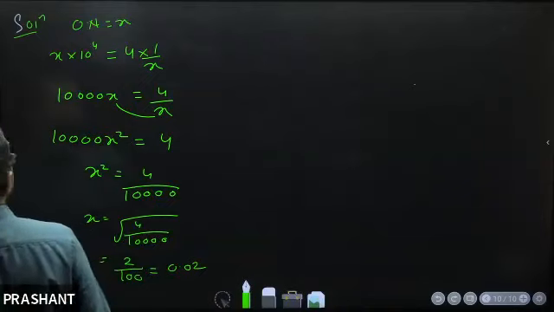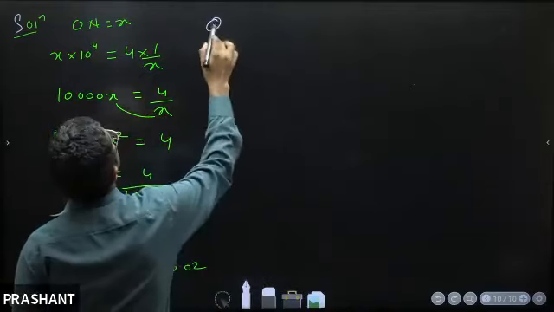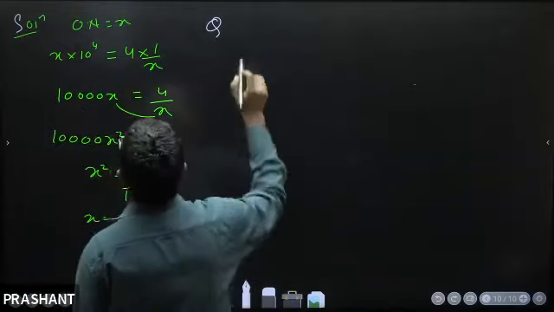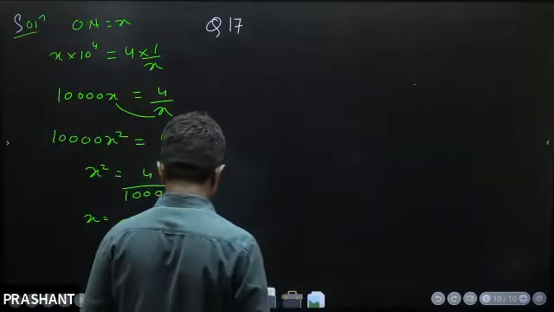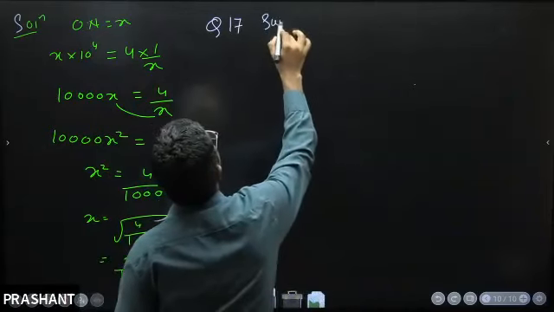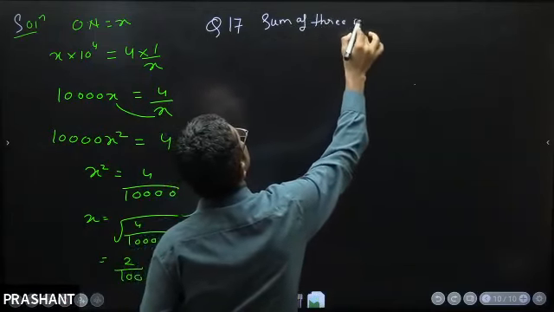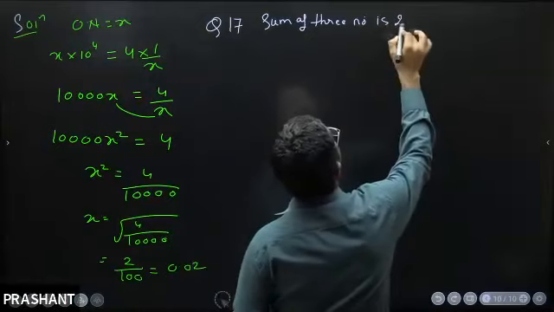Okay, next, the last question we'll do, then stop for the day. Question number 17. The sum of three numbers is 20.